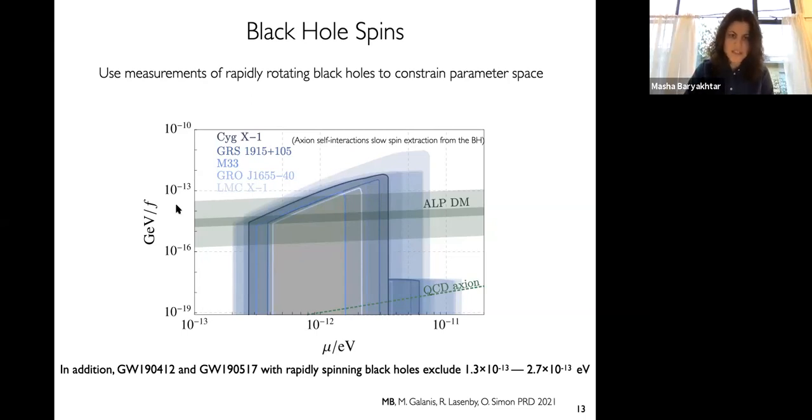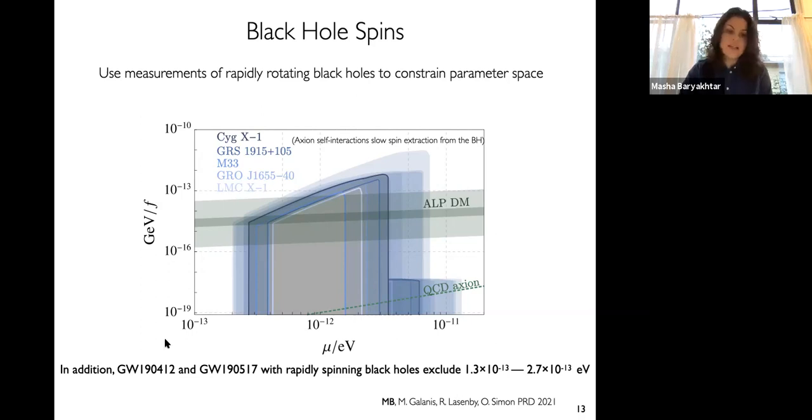So here I'm showing the corresponding constraint from the black holes I showed you before. So these are the X-ray binaries. Each of them excludes a range of axion masses.